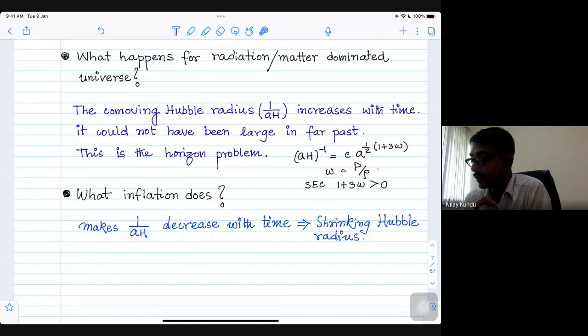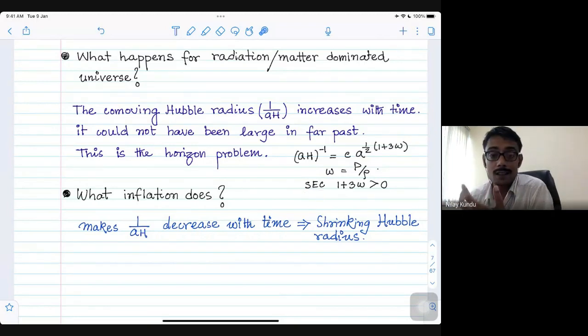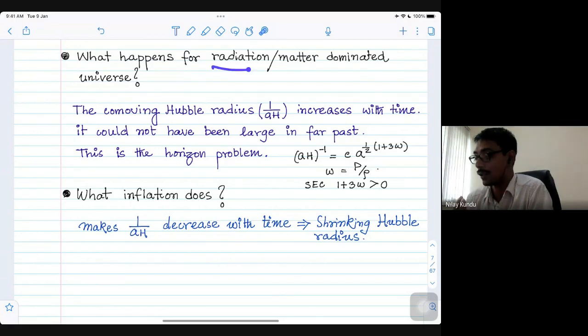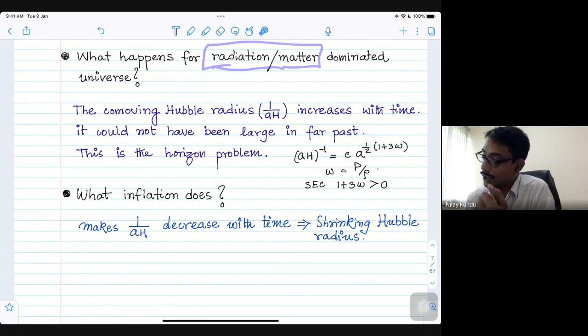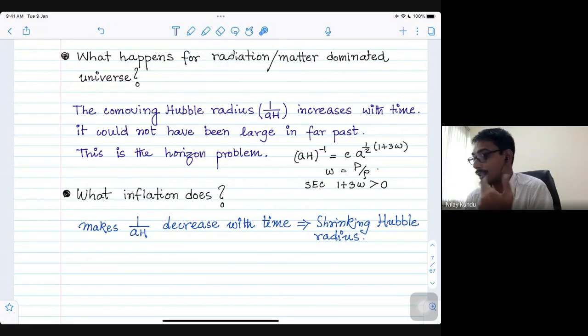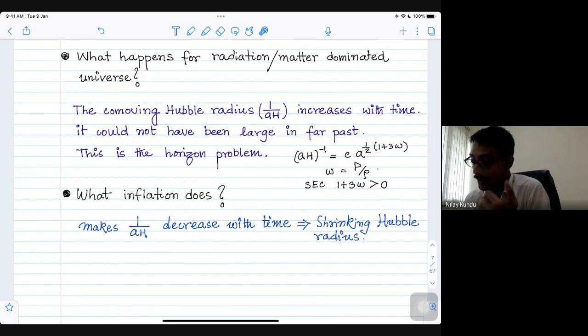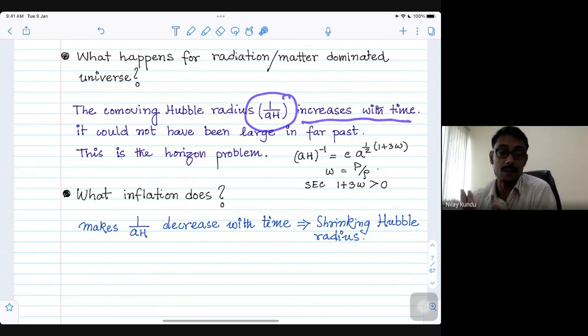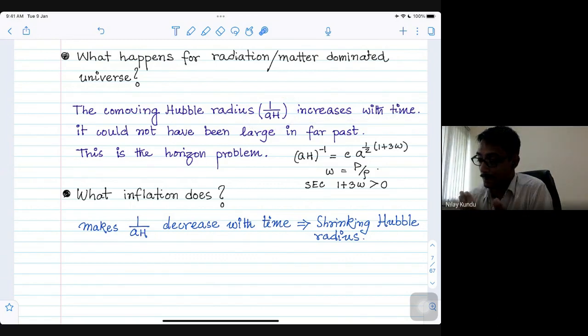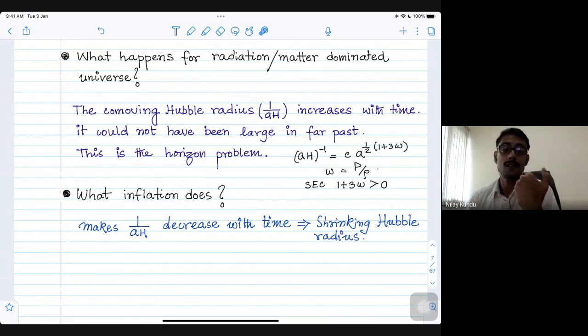And there is something called the strong energy condition that tells us that any sensible matter should satisfy the strong energy condition, for which this relation has to hold. So in summary, 1 over AH increases with time. That means 1 over AH cannot be larger in the past.